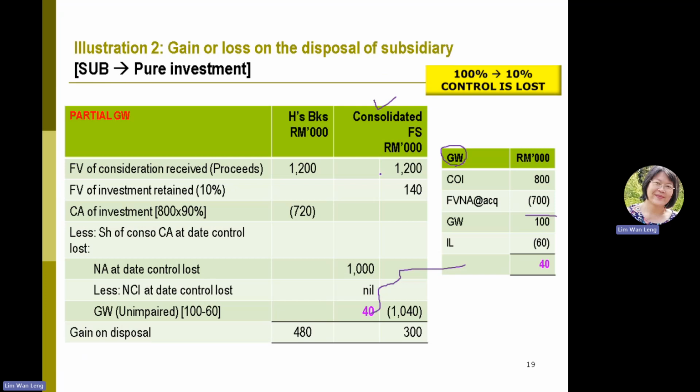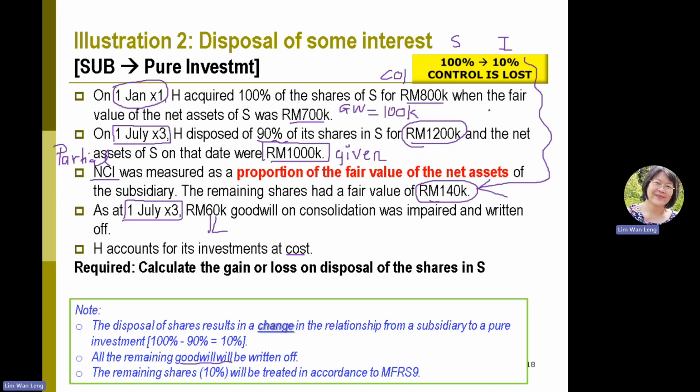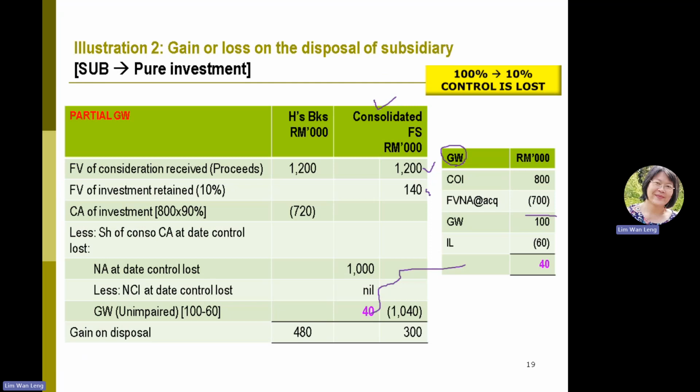When you dispose of the 90%, 1.2 million was your proceed. So you just copy back. Then the question also tells you that after the disposal, you still got 10%. So the 10% at fair value is 140,000. So you just take this, 140.